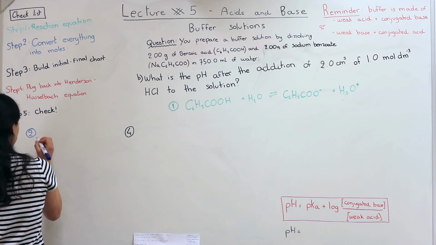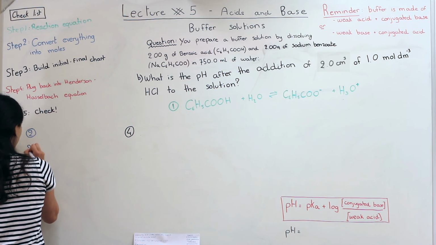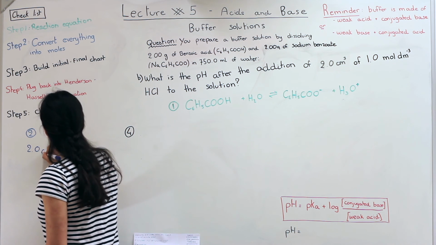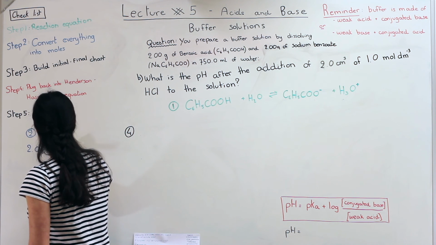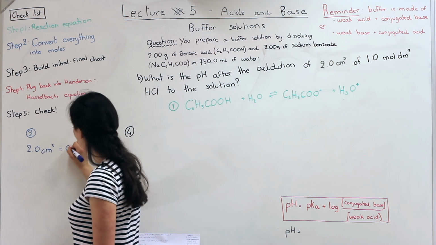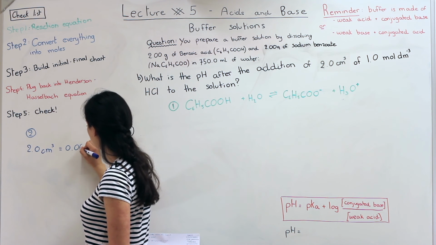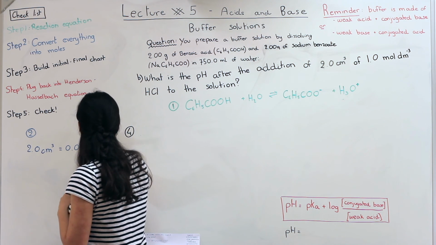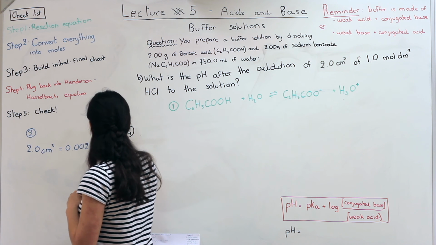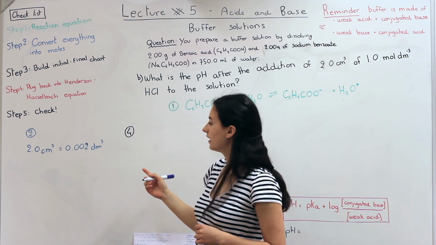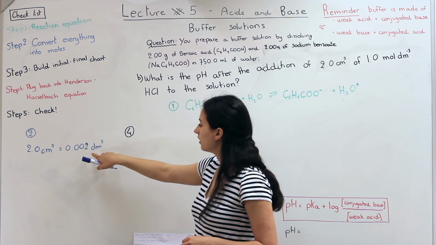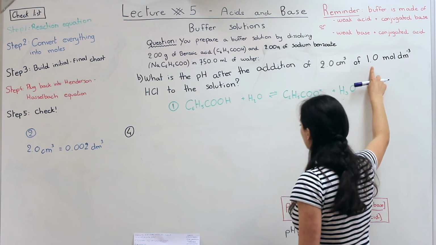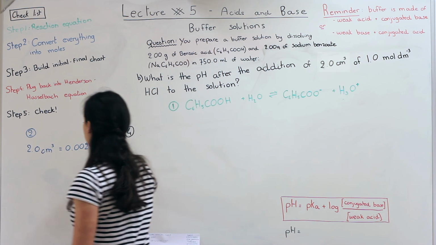The first step is to convert 2.0 centimeters cubed, which is equal to 0.002 decimeters cubed. Once we have that, we multiply the volume times the concentration to find the number of moles.